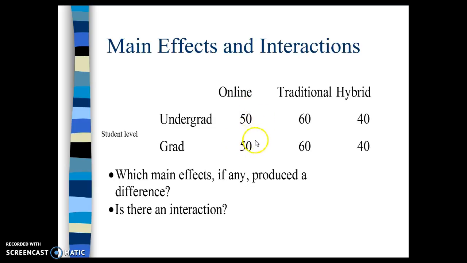This is another distribution of mean and standard deviation for graduates that are online. Undergrads traditional, graduates traditional classes. So here we have 6 different distributions, and we are looking at, are there differences in these distributions?